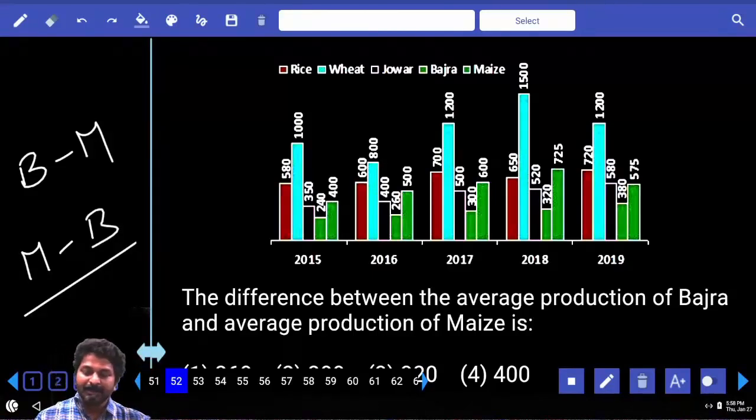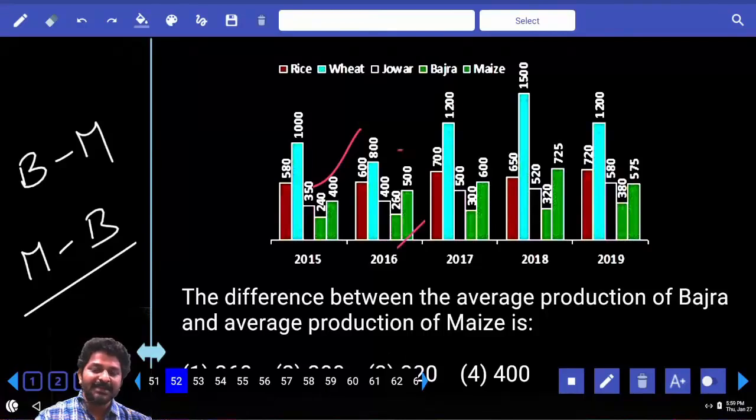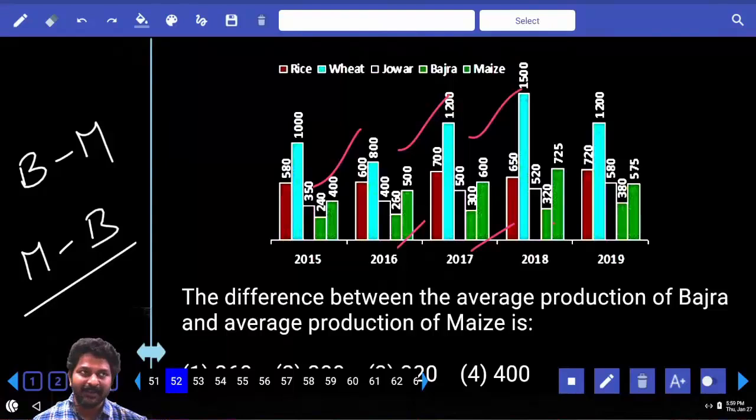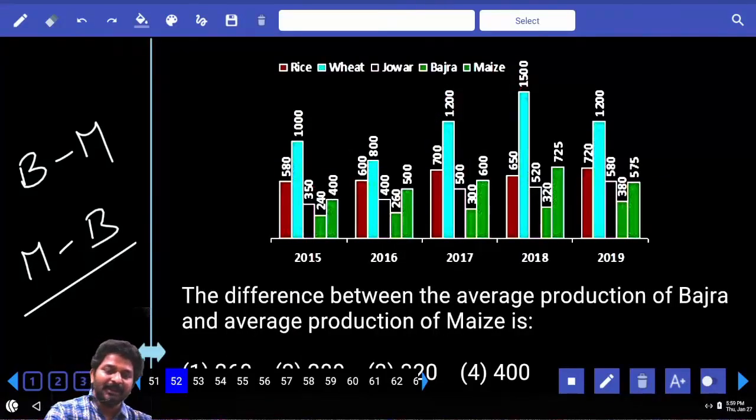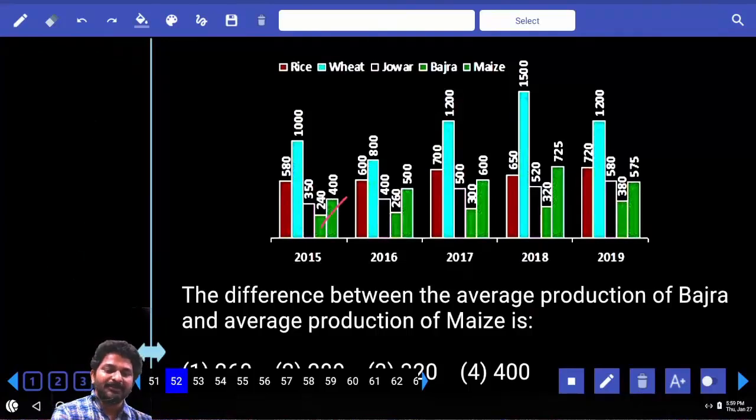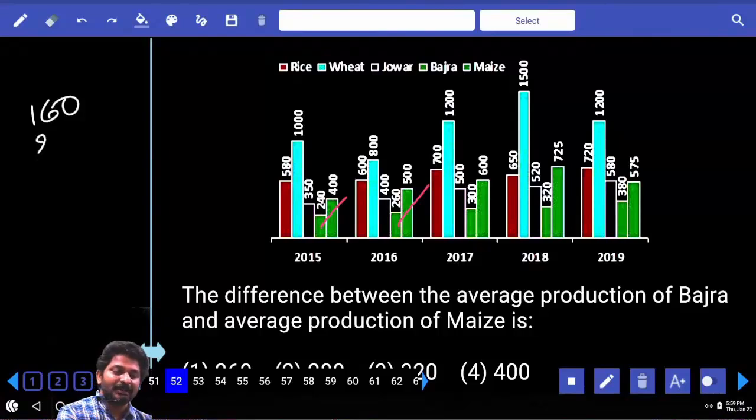Okay, right. So look at this data. Here the maize value is more. 260, 500, maize is more. 300, 600, maize is more. 320, 725, maize is more. Even in the last year, maize is more. Let's go for the difference now. 400 minus 240, 160. Next, 500 minus 260, 240.